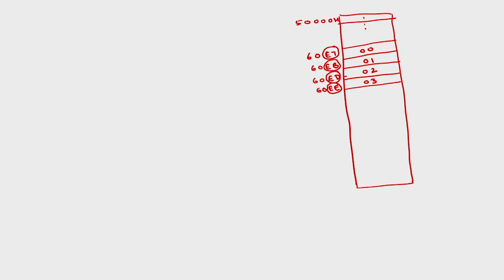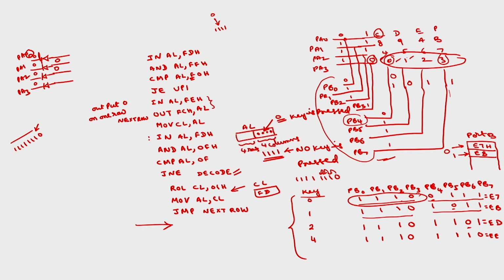So I will store this data here. Finally I want to read this data into accumulator AL. Similarly, 0 4 6 0, the code corresponding to 4. For 4, this sequence will be: PB2 should be 0, and the remaining should all be 1s. For 4, this bit should be 0, remaining all will be 1s.